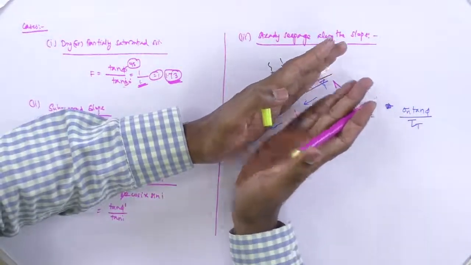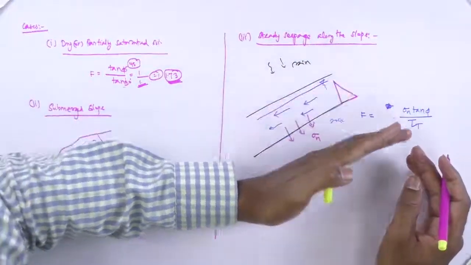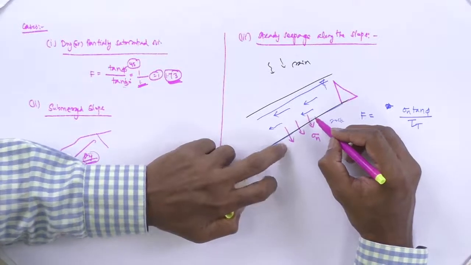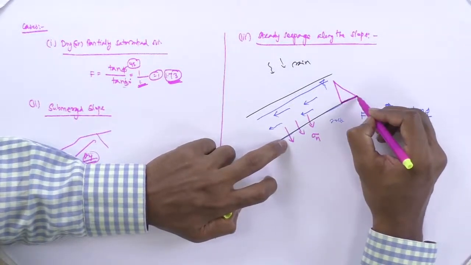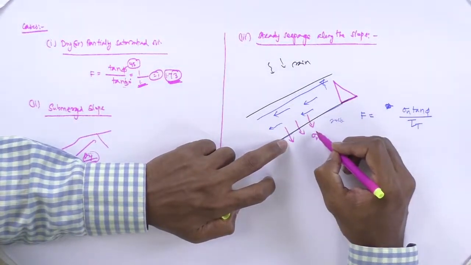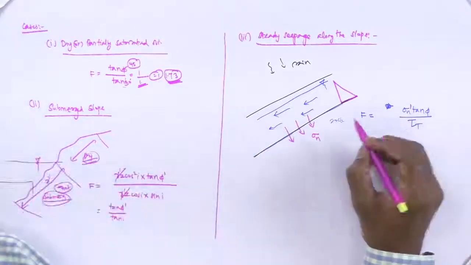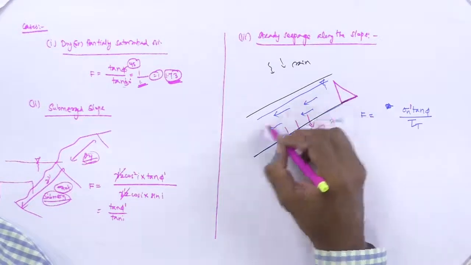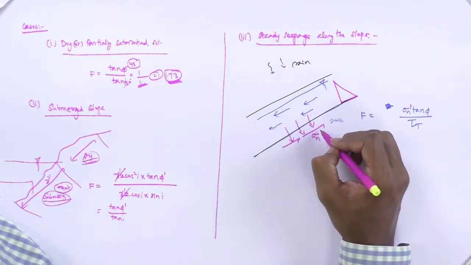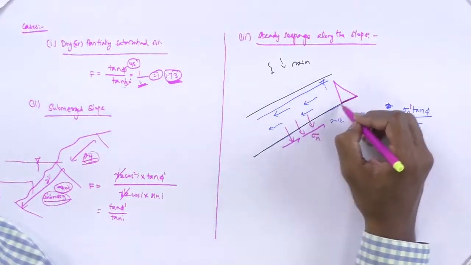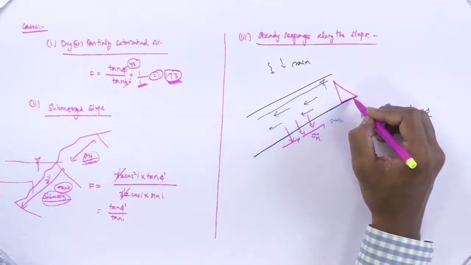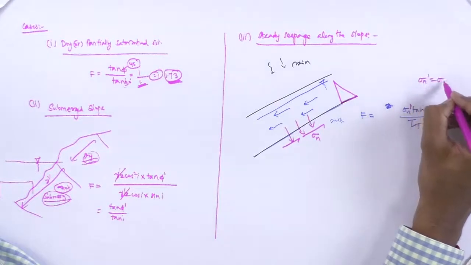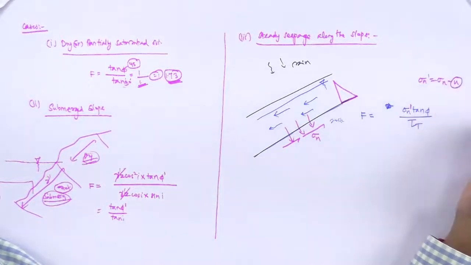So the actual pressure which is acting normal to this plane will be reduced somehow with this value, so that pressure is coming down to sigma n dash. So the sigma n value is going to offer some resistance against the sliding. That force eventually got reduced because of the pore water pressure which is developed. How much the pore water pressure is developed is nothing but sigma n dash equals sigma n minus u.